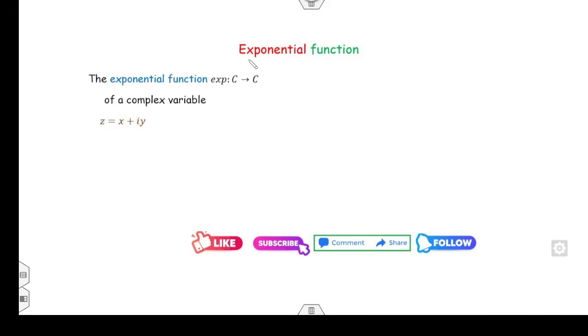What is the definition of the exponential function? The exponential function is denoted by exp of the complex variable z, or sometimes it is denoted by e of z. This function is defined as exp of z equal to exp of x plus iota y, or sometimes you can say e raised to power z is e raised to power x plus iota y.